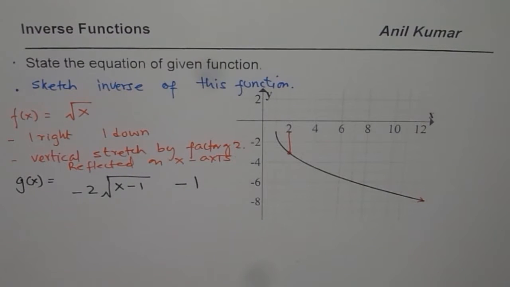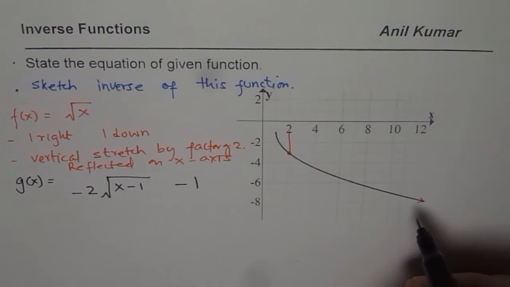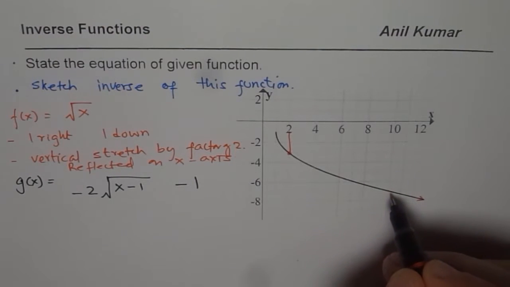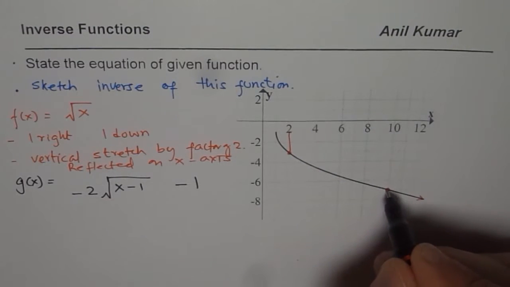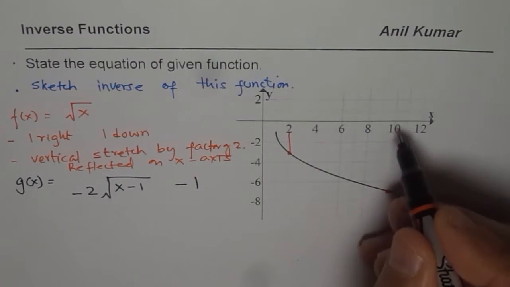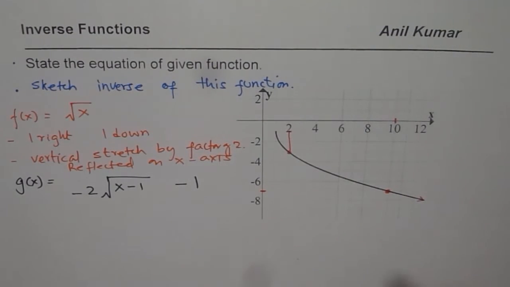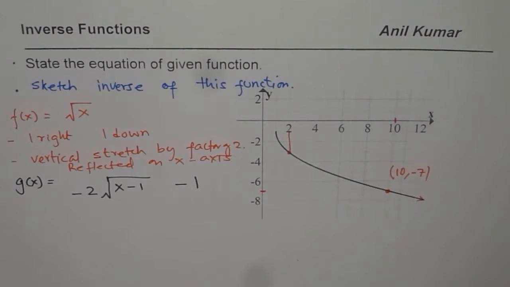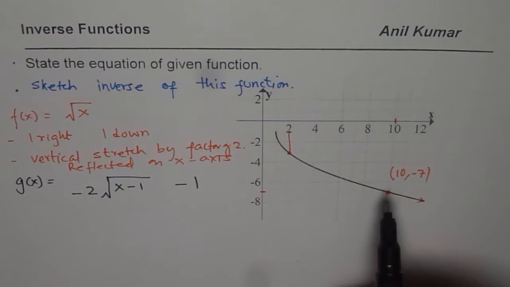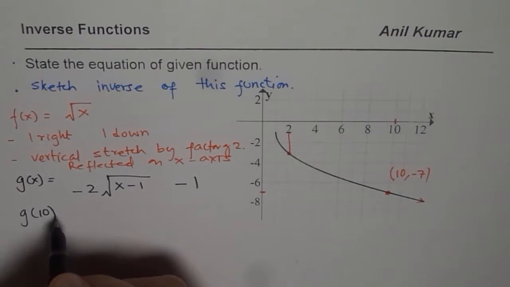Now just to check if it is really right or not, let's look for some other point on the function. It seems this is a good point to check, for example. Now this point is at x equals to 10, we have a value of minus 7. So this point is 10, minus 7. So if I substitute 10, what do I get? Let us check. So what is g of 10 for us?